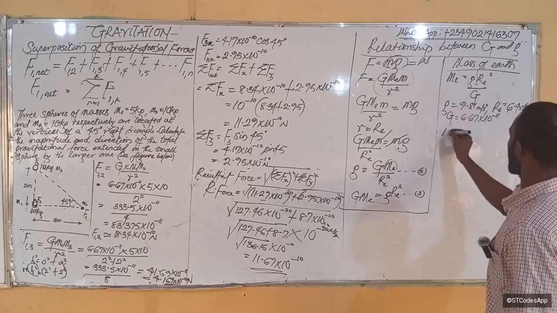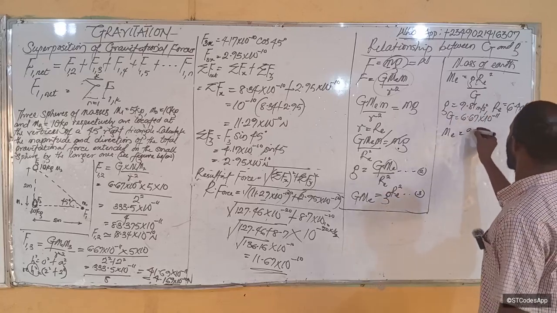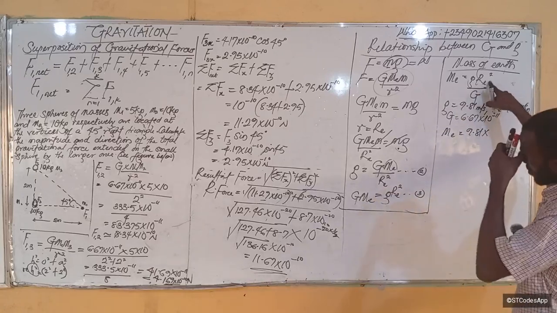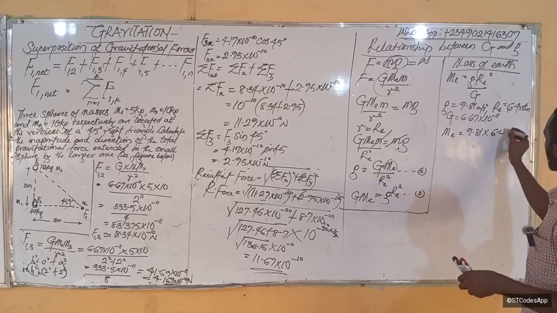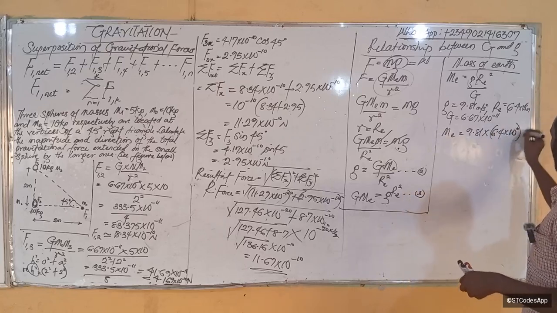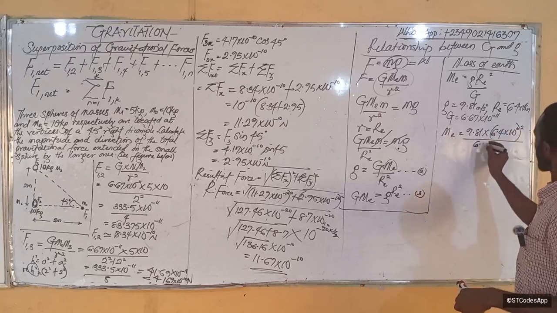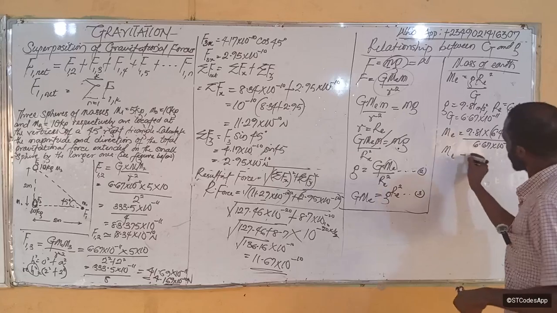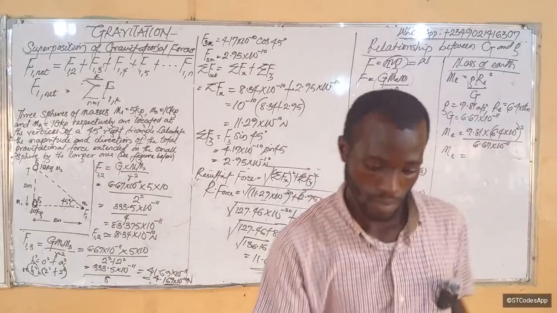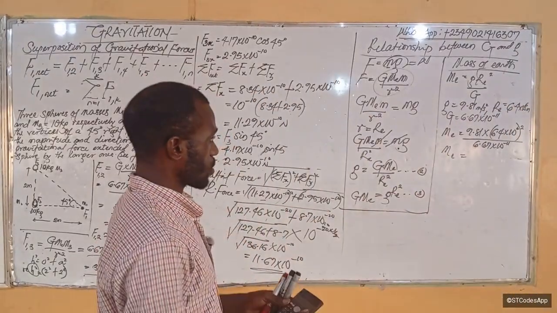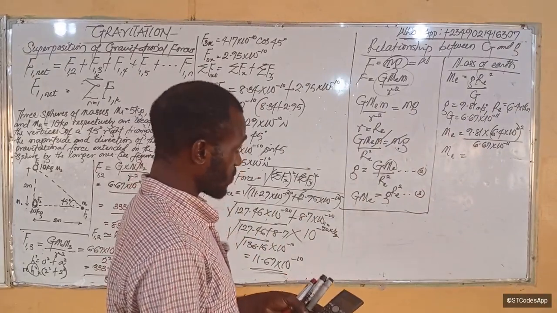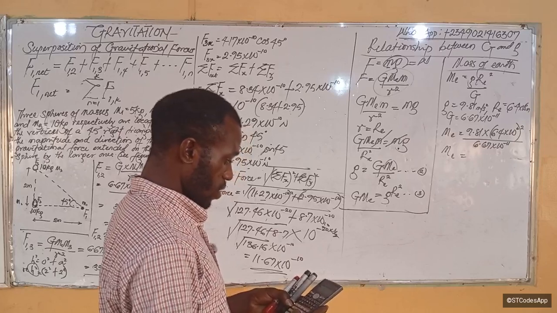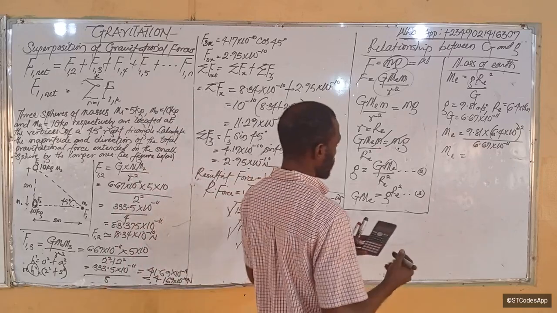By the time you work this, you get that M sub E equals 9.81 times this squared, right? That is 6.4 times 10 to the power 6 meters all squared, over 6.67 times 10 to the power minus 11. By the time you solve this, the mass of the earth: let's square 6.4. 6.4 times 6.4 is equal to 40.